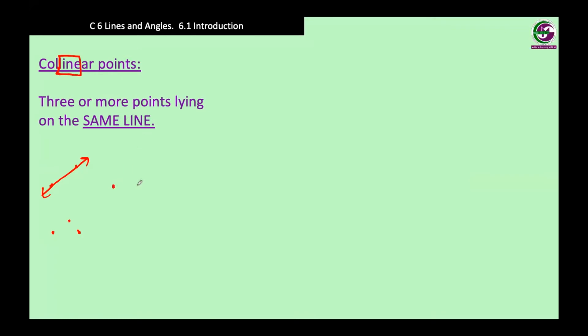Let us see 3 points here. Now we can see that, or we can say that these 3 points are collinear. Point A, B, C are collinear. Now what is the opposite of collinear points? Non-collinear points. And you know how to define it now, right?